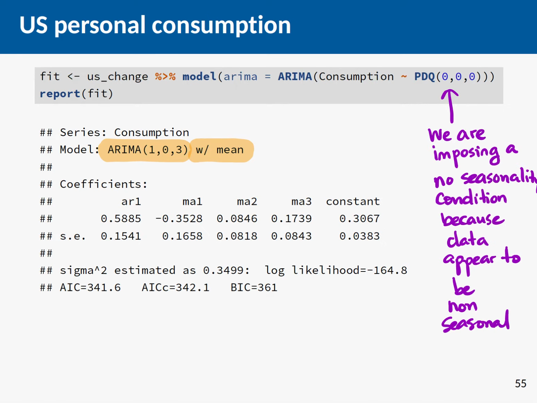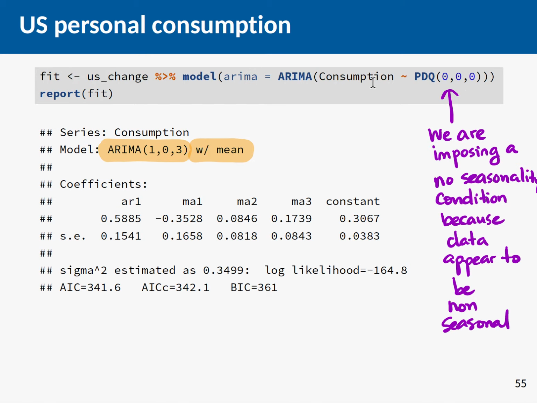Now, if you wanted to fit an ARIMA model automatically, you can do it by using the ARIMA function within model. So anytime you are fitting a model, you remember you have to write down model, and then you have to write down ARIMA. Since we are not focusing on the seasonal component, this will be explained later. Whenever PDQ is written in uppercase, this is a representation of the seasonal component.